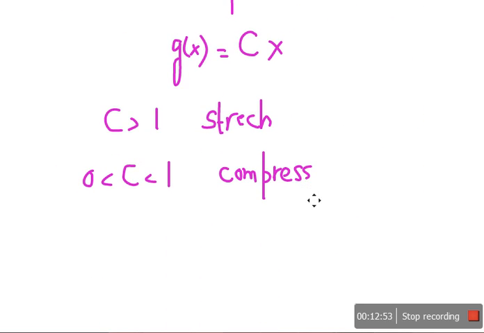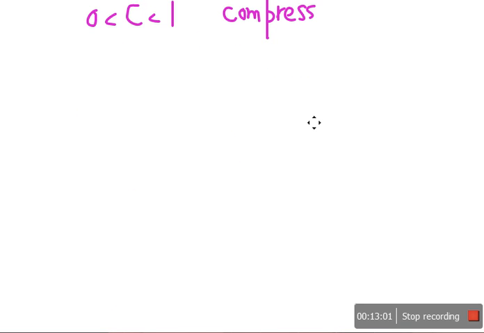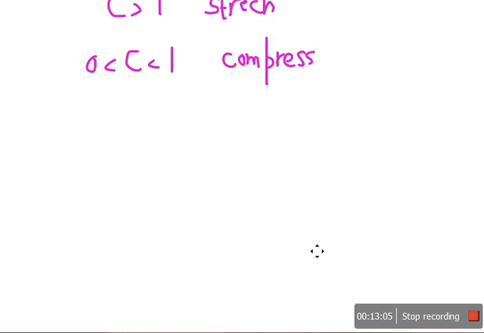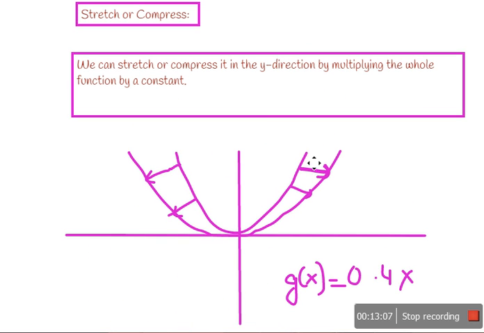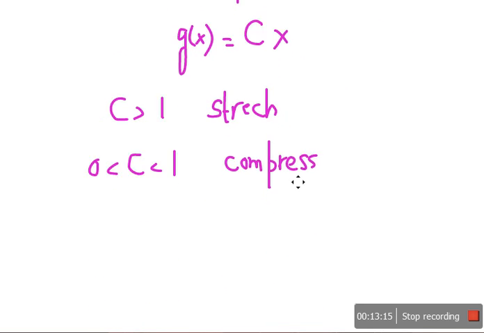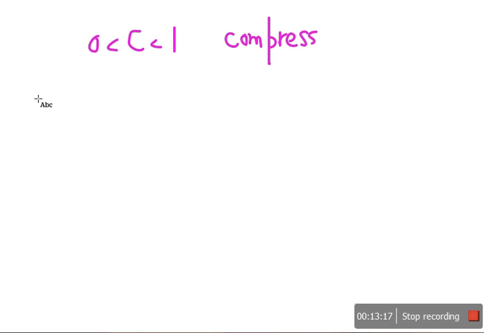Now the next thing. We have talked about stretching or compressing in the y direction. We can also do it in the x direction. Right now we are multiplying a constant with the whole function. If you want to do it in the x direction, you have to multiply only the x value. Let me write this for you.